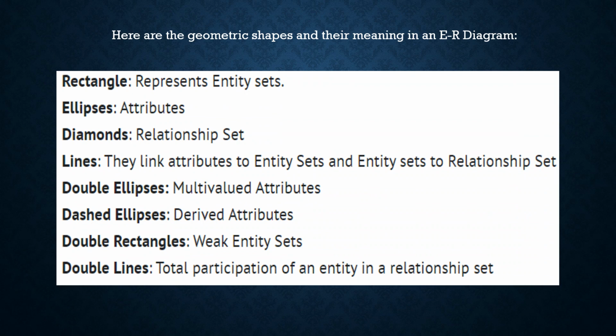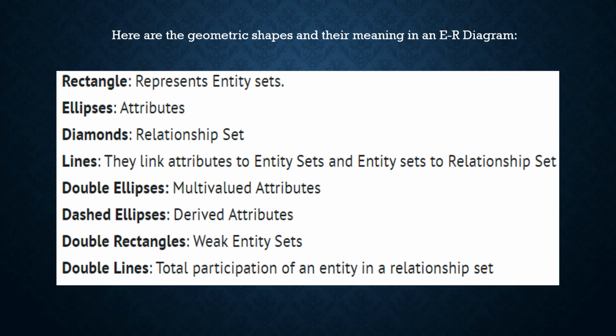The next one is the diamond, which indicates the relationship set, that is, how an entity is related to another entity. The next one is the line, which indicates the link between two entities, or from one entity to the relationship, or from one entity set to another entity set through the relationship set.